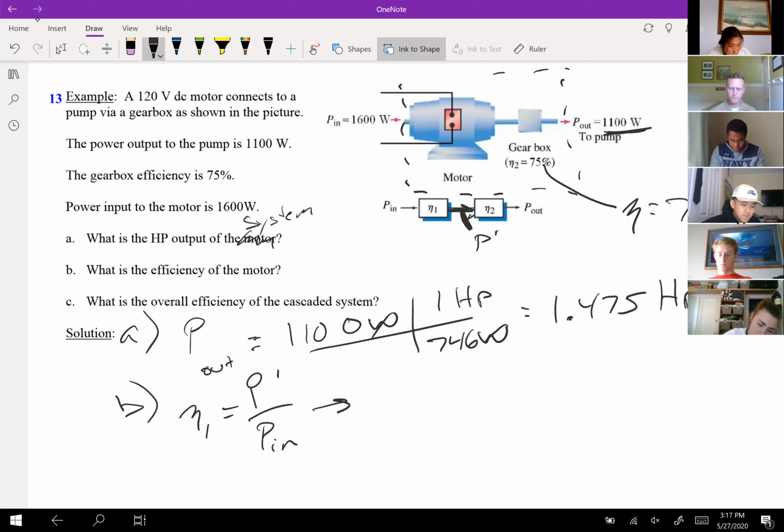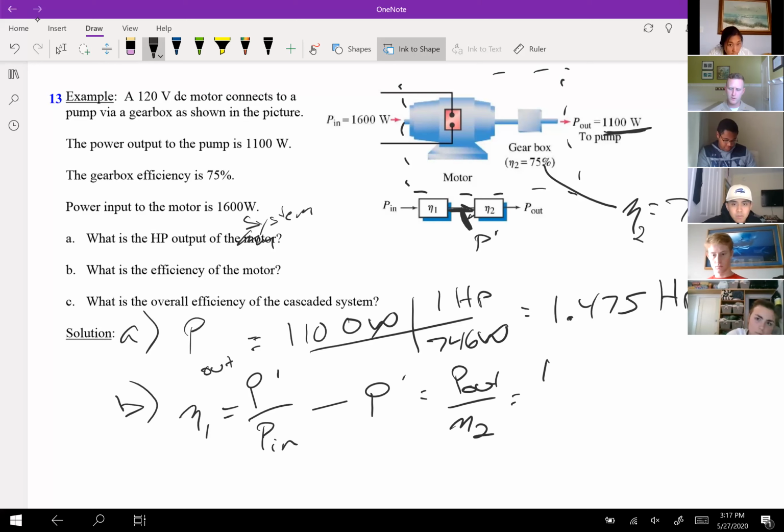And so what we can solve for is the P prime by using P out over eta 2. And the reason why is because we know that the efficiency of eta 2 is 75%.